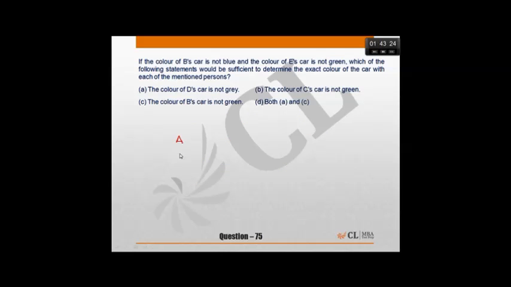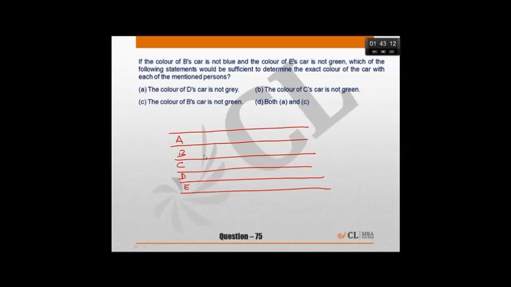Again, let's make the table A, B, C, D, E. The colors were grey, black, blue, red, green.